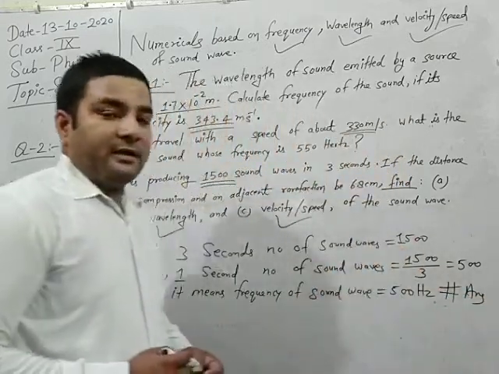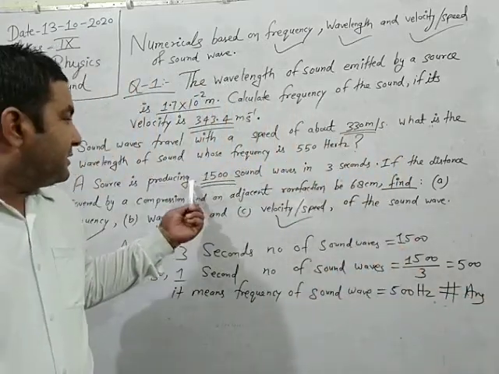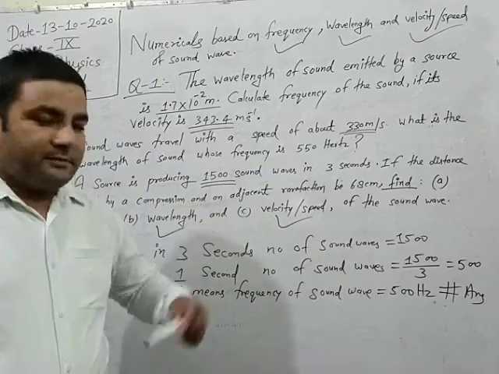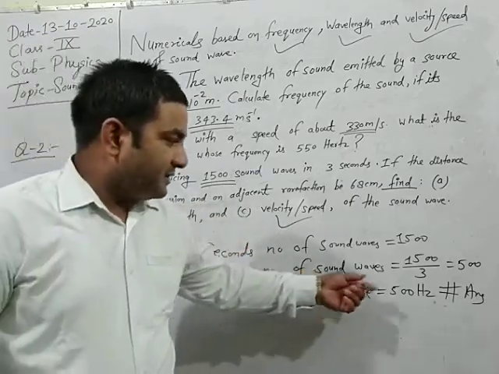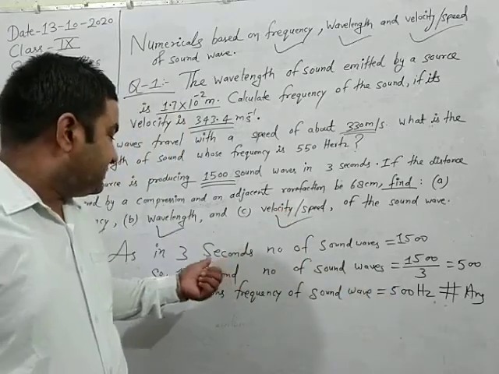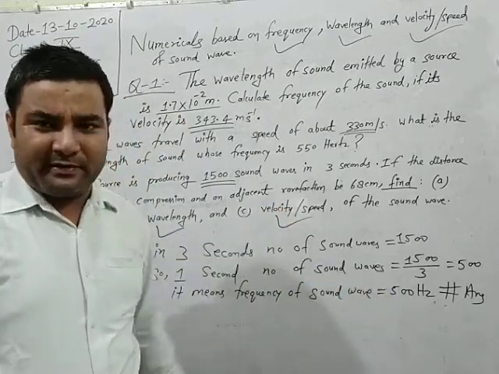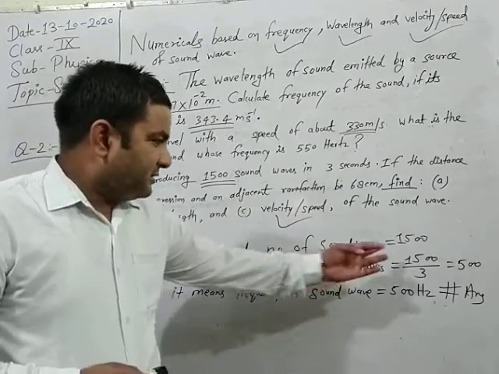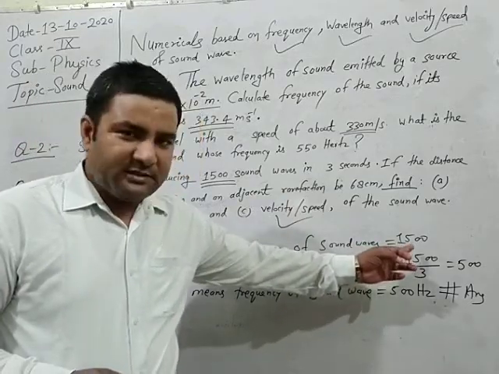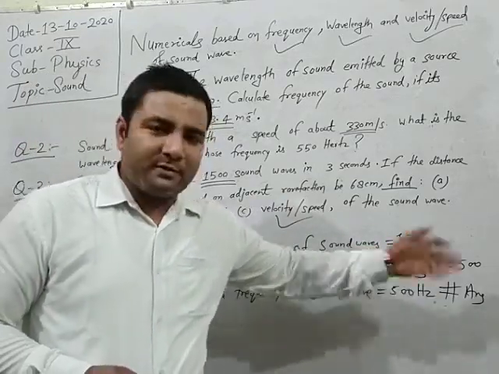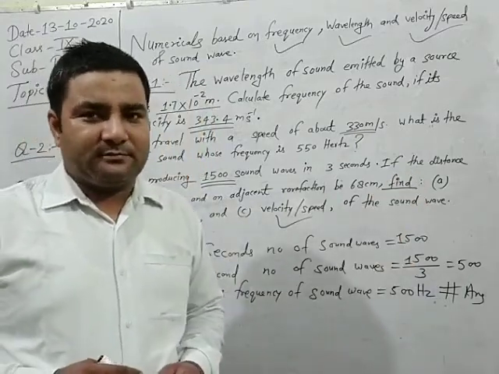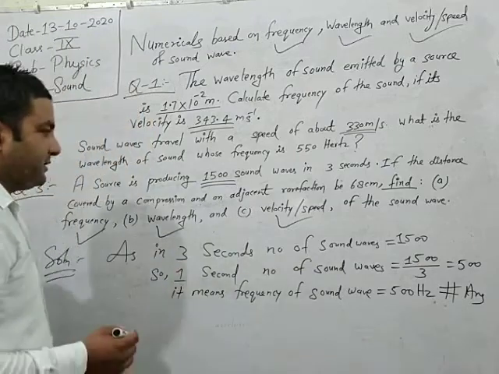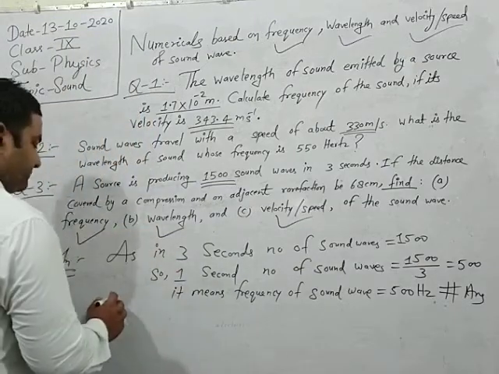Only dividing 1500 by 3. It means in 1 second, the number of sound waves, that is frequency, because in 3 seconds the number of sound waves is given. So the total number in 3 seconds divided by 3 gives 500, the number of sound waves produced in 1 second. So frequency solution clear, and after frequency, next one, wavelength.